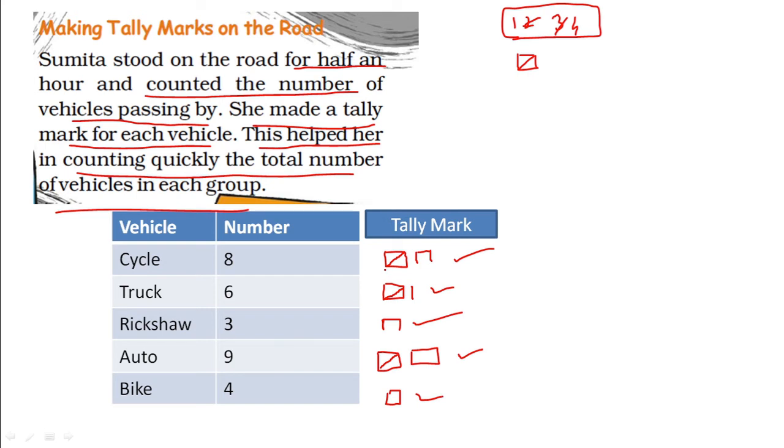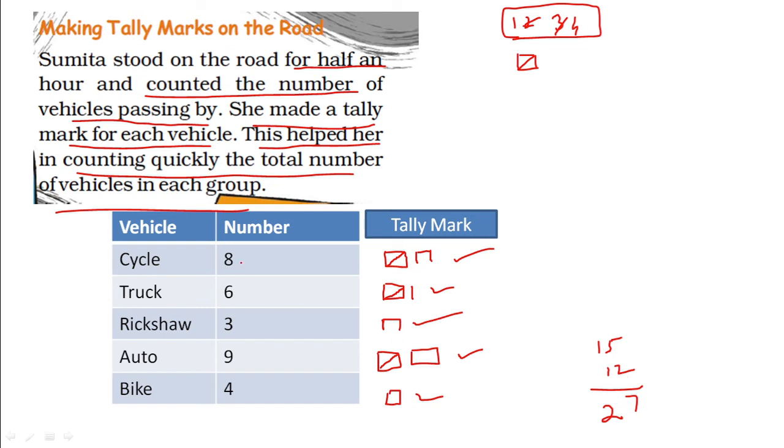And how many vehicles in total? 5 plus 5, 10 plus 5, 15. 3 plus 1, 4 plus 4, 8 plus 4, 12. 15 plus 12, 27.